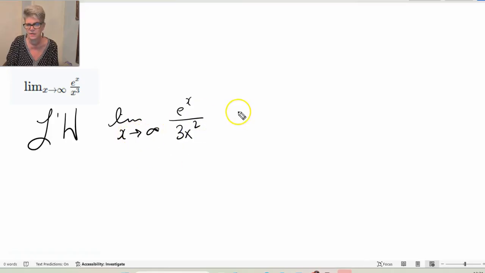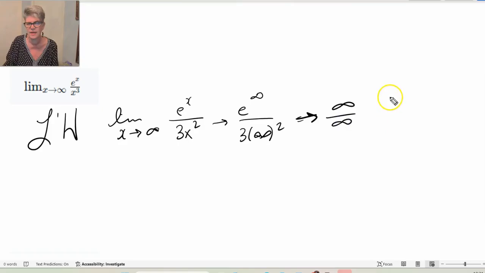Now, as that goes to infinity, I'm still getting infinity over infinity. It's still an indeterminate form. So what do you do? You apply L'Hopital's again, a second time. So I'm now going to take the derivative of this.